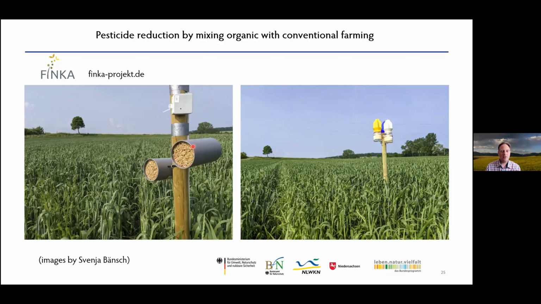These ones are trap nests for wild bees. And these ones are so-called vane traps that lure pollinators into the trap here, and they are emptied after several weeks, and we then look at insect biodiversity, trying to find out if this kind of pesticide reduction has positive effects on biodiversity.